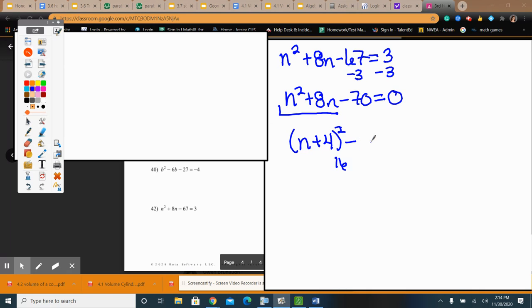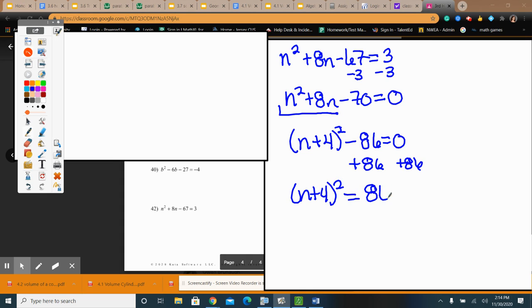So I'd have to get rid of 86. And I can solve that by adding 86, n plus 4 squared equals 86. Square root both sides and not forget my plus or minus. N plus 4 is plus or minus the square root of 86.